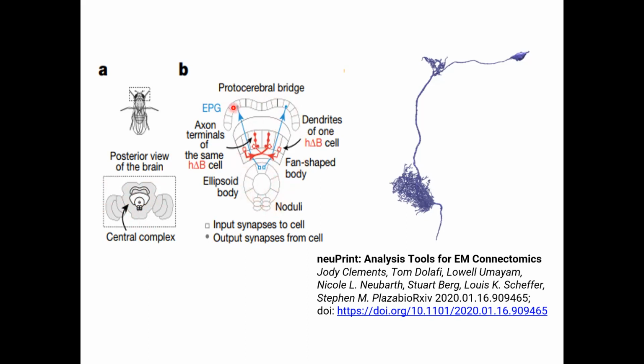So within these structures, you have EPG cells. And you can see that EPG connects the ellipsoid body with the protocerebral bridge. So in fact, you can see that in the videos made by Professor Abbott, there's a copy.